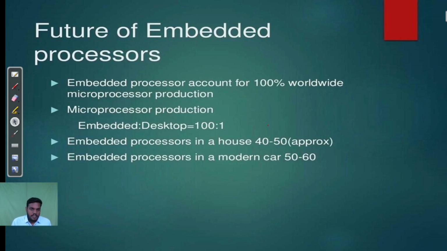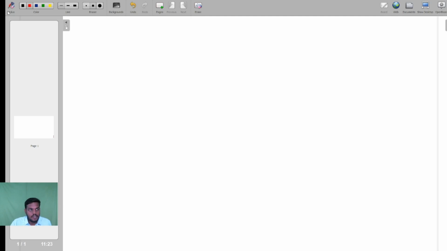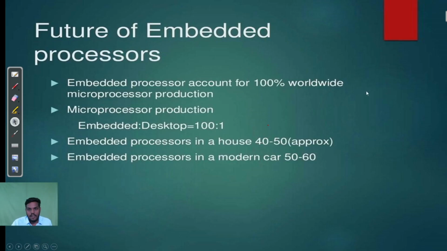In the future of embedded systems, it is related to AI, artificial intelligence. Through this AI, it automatically sends the data to the particular sectors, and according to the data it will execute the particular instructions.